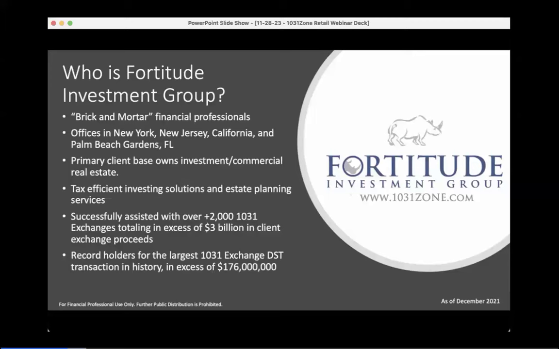So when you sit down with your traditional financial advisor and you do your planning and you say, I want to retire by this age and I want to have this type of portfolio, and you build stocks and bonds and mutual funds and ETFs and all that good stuff on the traditional side. Our firm does not want to do any of that. We just want to build the brick and mortar real estate portion of your portfolio.